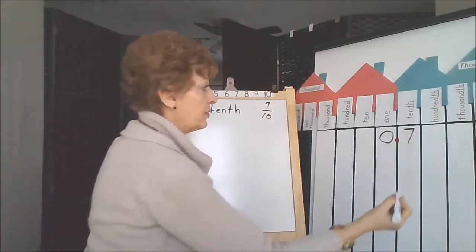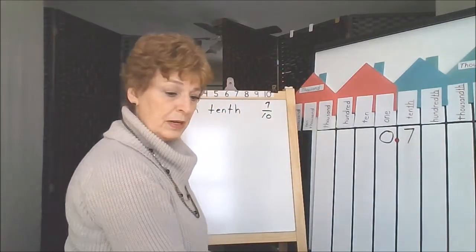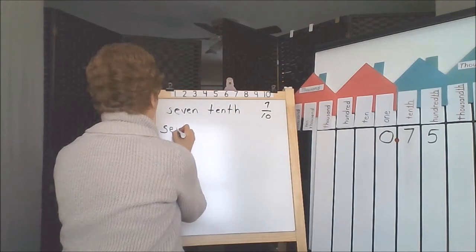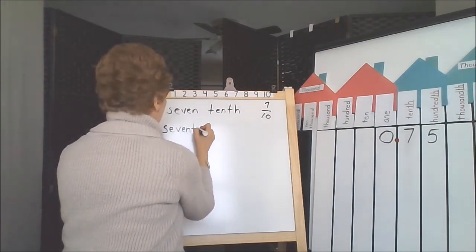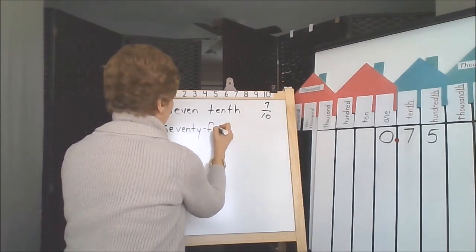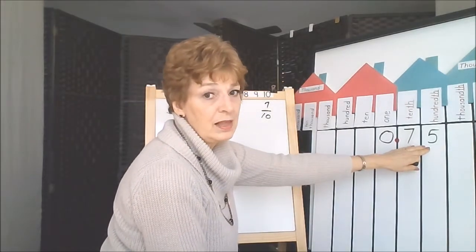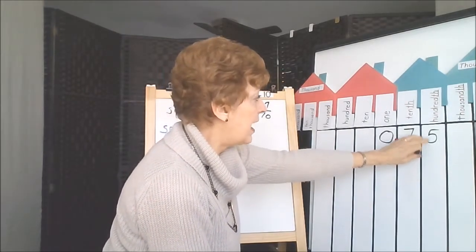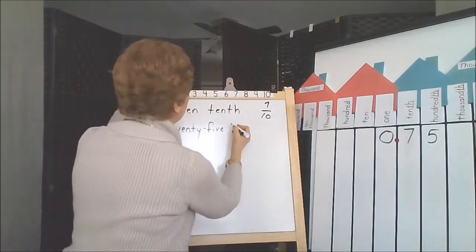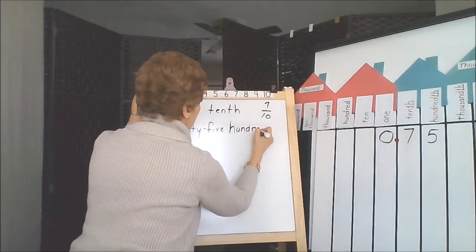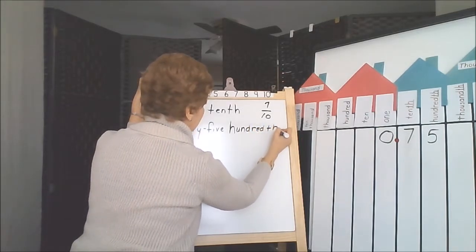What if we added another number to it? Maybe we could do a 5. 0.75. Now we're going to look to see what label the column is in from the last number, the 5. It's in the hundredths column, so we would write hundredths with a TH on the end of it.